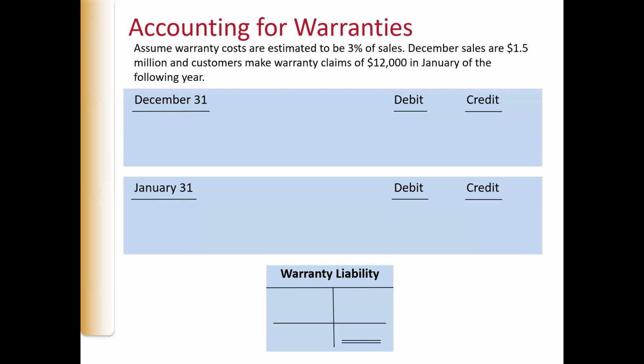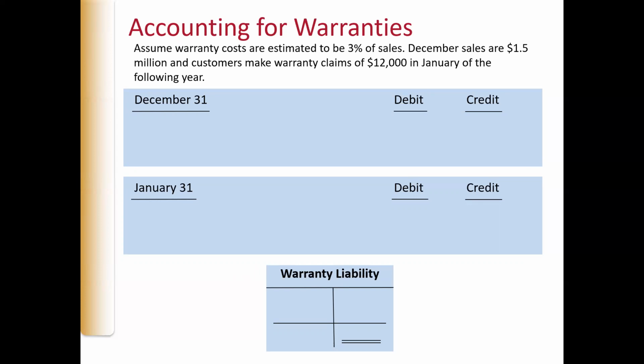Okay. Now, one thing we're probably all aware of has to do with warranties. Warranties are usually handled for most items that relate to automobiles, RVs, computer equipment, everything. So in many companies, they know based on past history what the warranty costs are going to be.